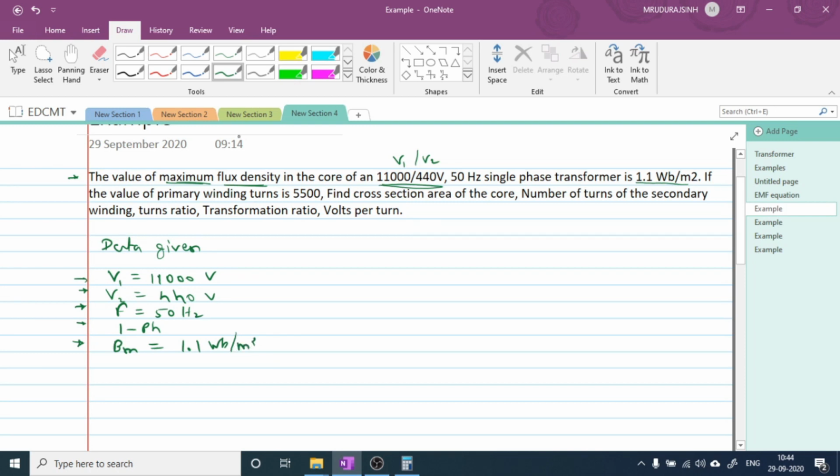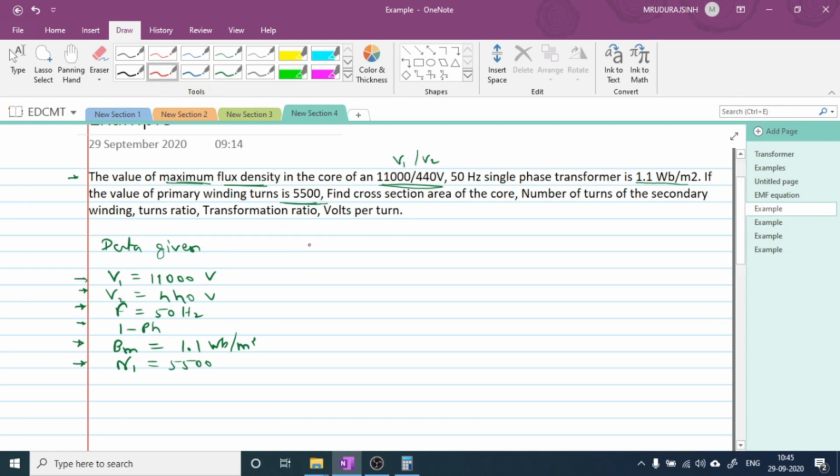If the value of primary winding turns is 5500, so primary winding turns N1 is 5500. Now find the cross sectional area.